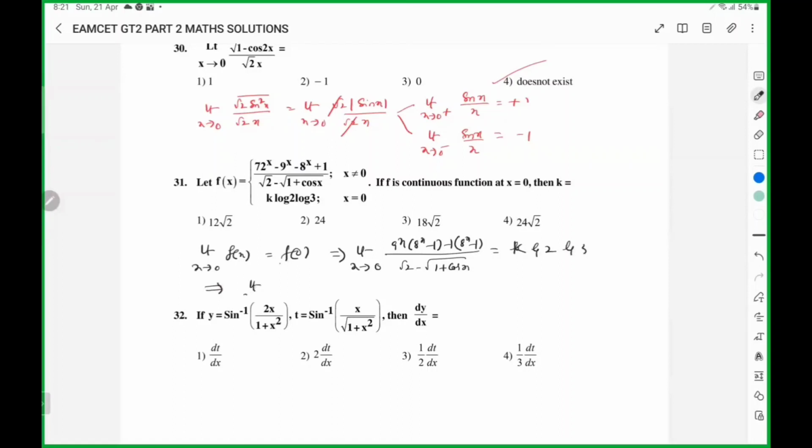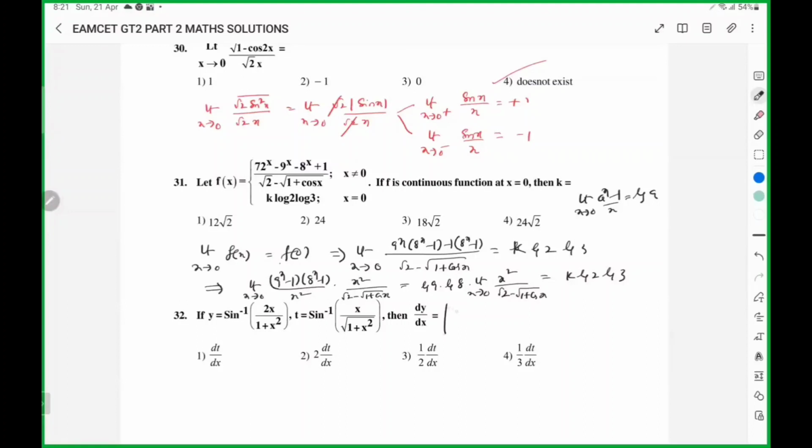This one is the limit as x tends to 0 of 9 power x minus 1 times 8 power x minus 1. So what I am doing is multiplying and dividing with this. Here the limit as x tends to 0 of a power x minus 1 by x is log a. So log 9 into log 8. The limit of x square by root 2 minus root of 1 plus cos x is k log 2 log 3.